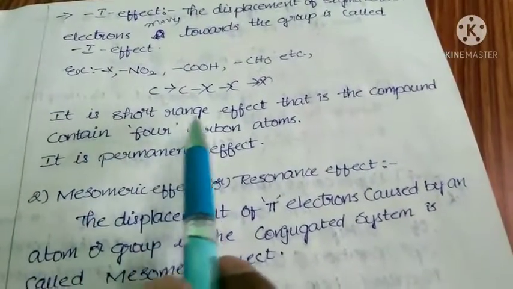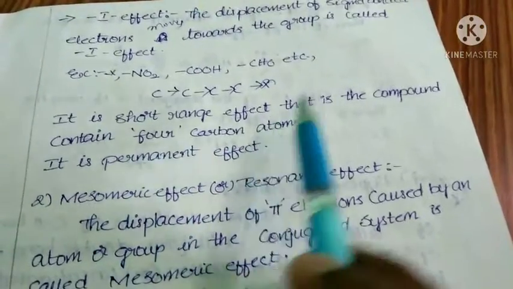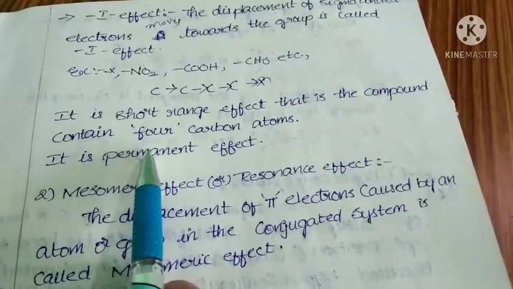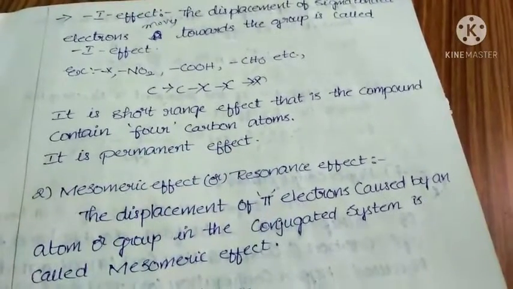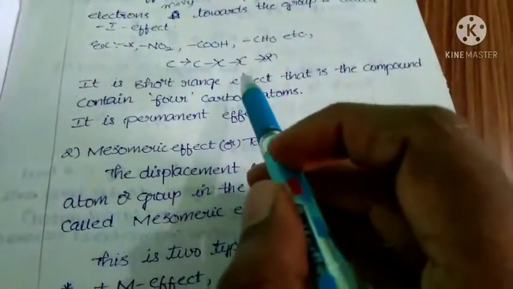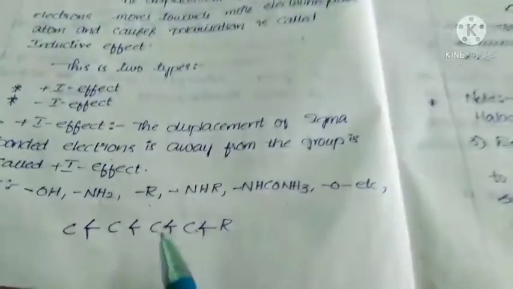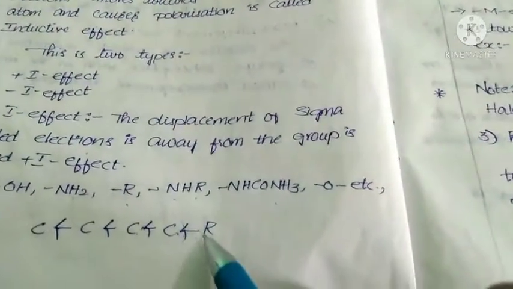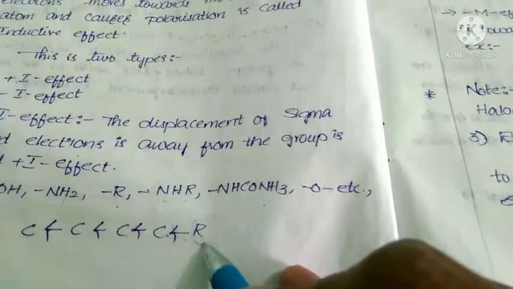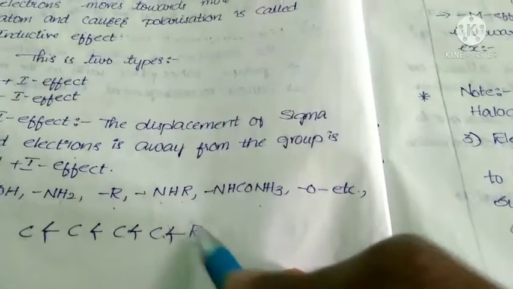Next, it is a short range effect. This is a very important point. Suppose the compound contains 4 carbon atoms. If you see this example, you get an idea. Here 4 carbon atoms are present. If an electron donating group is present here, this effect is more on this carbon.